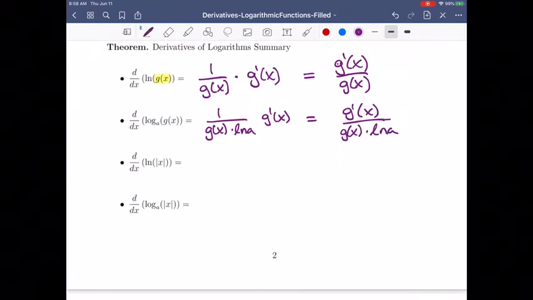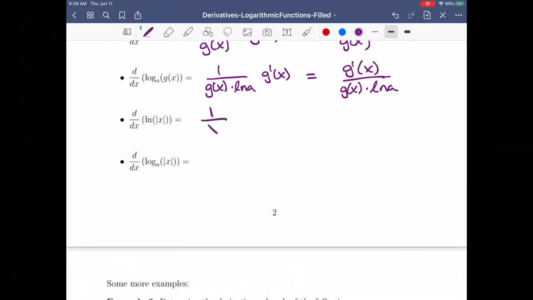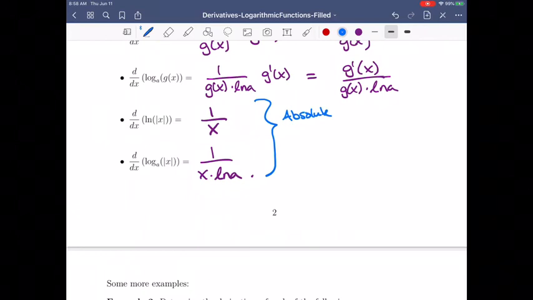Now, when you have these absolute values in here, you actually get the exact same derivatives. So you get 1 over x for ln and 1 over x ln a. So the absolute value does not affect the derivative for the log functions.